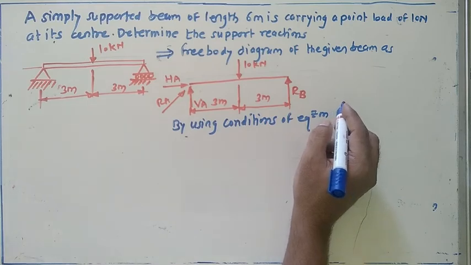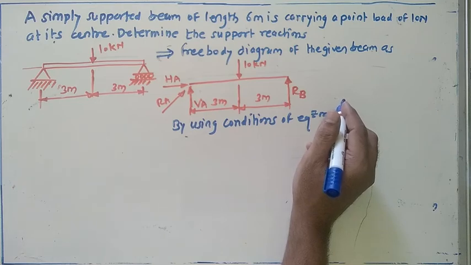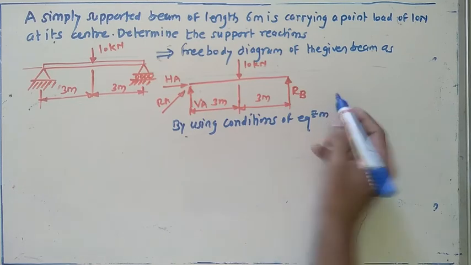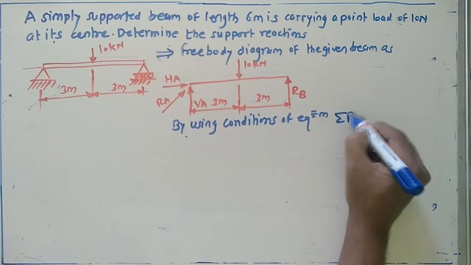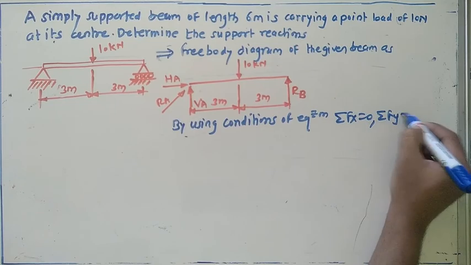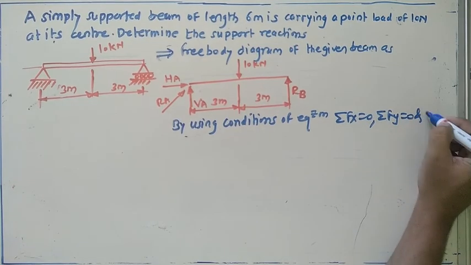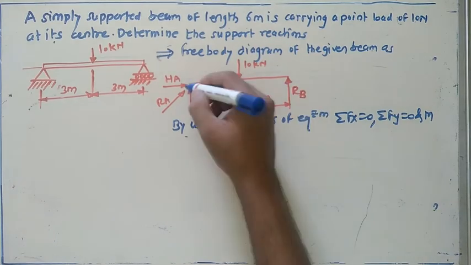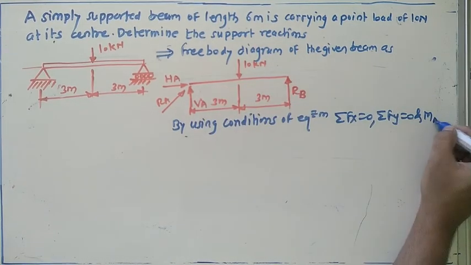Remember, in case of any general force system, we already saw that there are three conditions of equilibrium: summation of Fx equals 0, summation of Fy equals 0, and the next one is the moment about any point, either point A or point B. I will just consider point A, and the moment must equal 0. These are the three conditions we have.